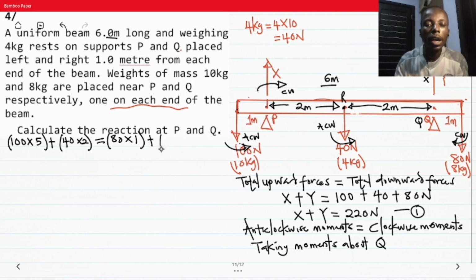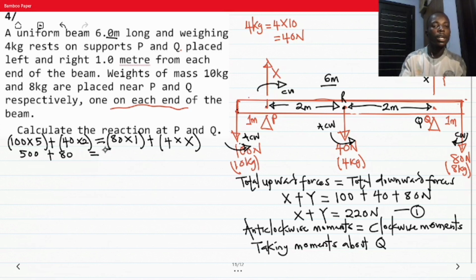So X times 4. Okay, so we have 500 here. We have 80 here, we have 80 also here, and we have 4x here.